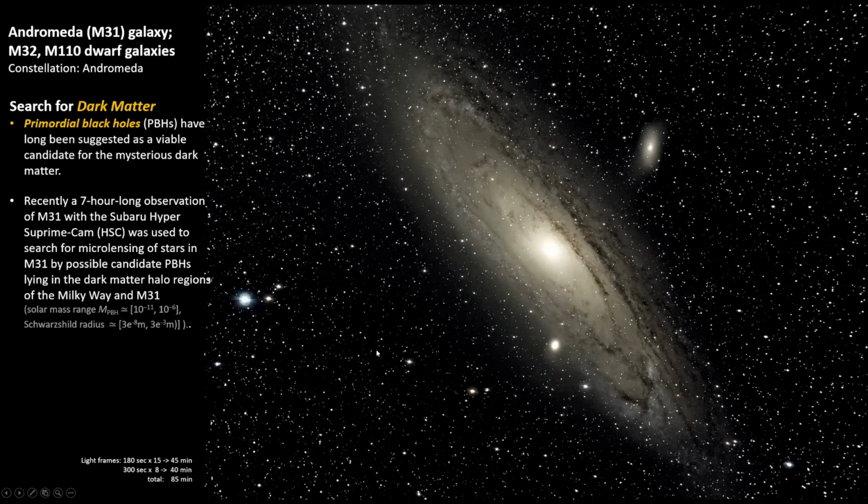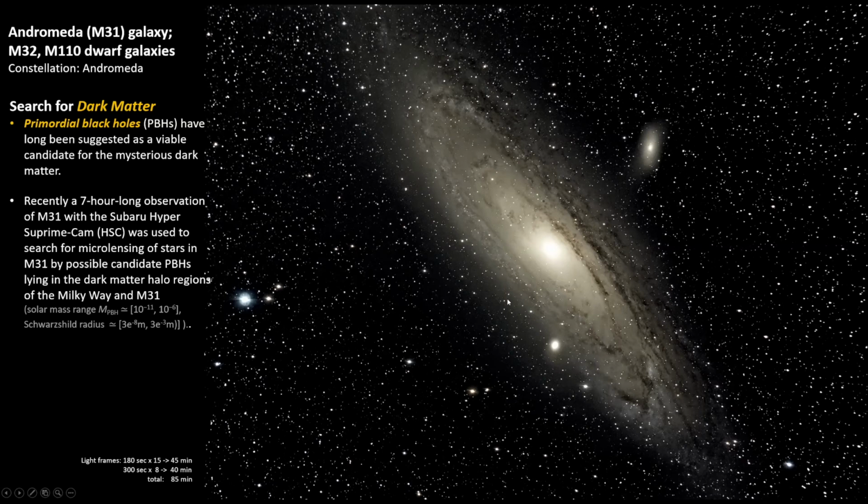Distorting or magnifying the stars that are more distant than the black hole object. So when we look at this image of Andromeda, we're looking through the dark matter halo of our galaxy, and then through the dark matter halo of the Andromeda galaxy at all these stars in the Andromeda galaxy. If there are these primordial black holes in this dark matter halo, you would expect that microlensing events would happen, where the positions of the stars would be distorted by these intervening primordial black holes.